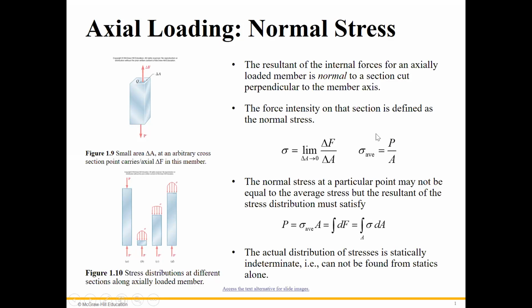It is called average stress, and for the rest of the semester we just call it the stress. So the normal stress because of axial loading means the force divided by the cross section area. That's the only thing we need to know.